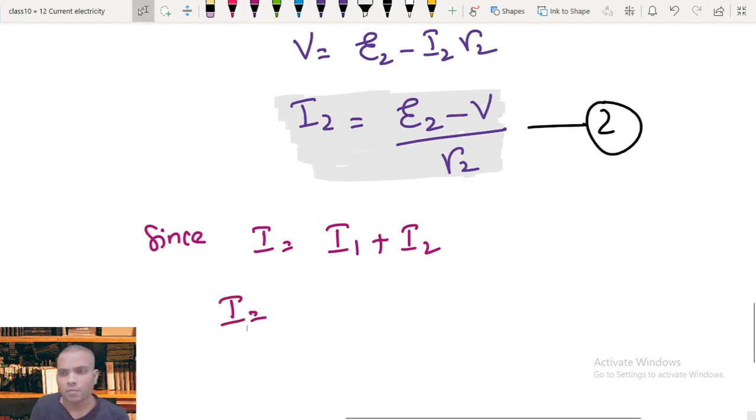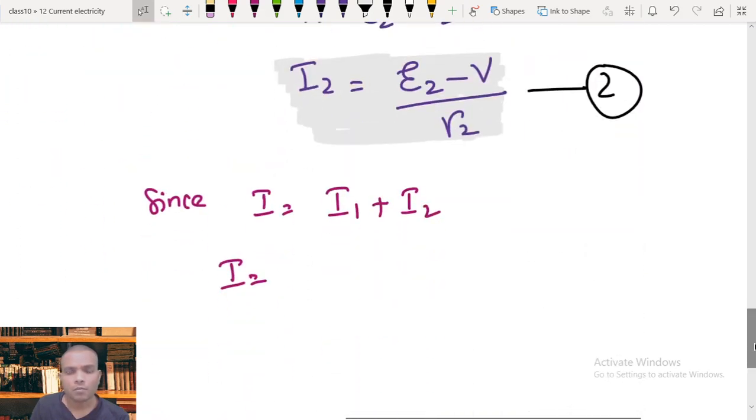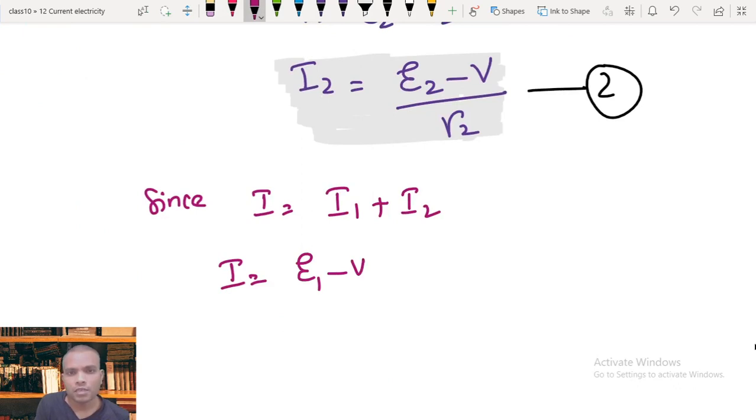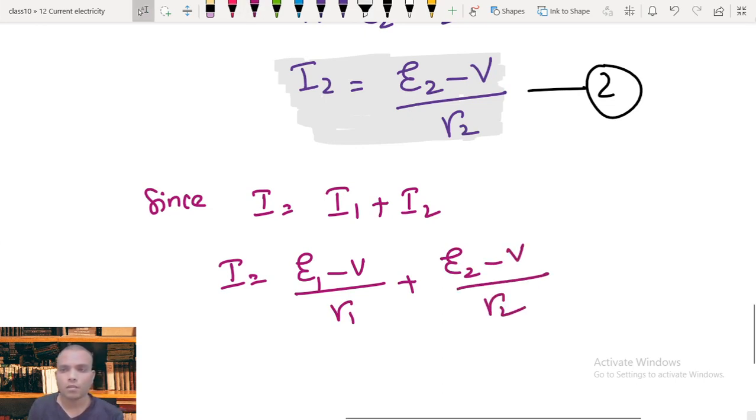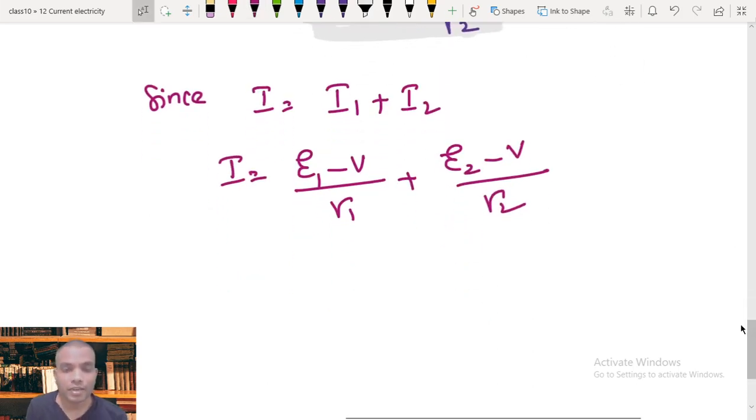For I1 we have E1 minus V upon R1, and for I2, EMF E2 minus V upon R2. From this expression we need to figure out the value of V, which is our terminal potential difference across the two ends.